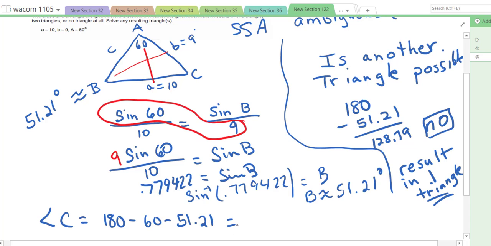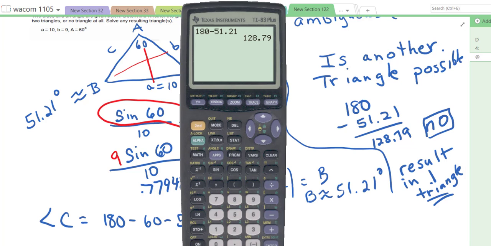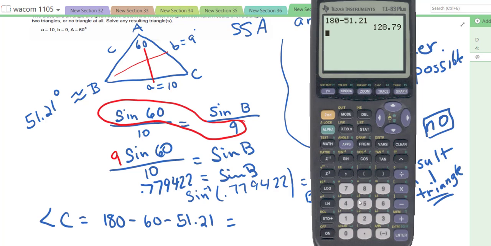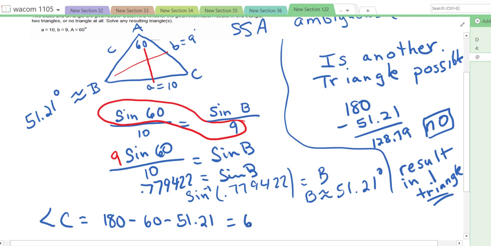And this will give you your other angle. 180 minus 60 minus 51.21. And that would give us 68.79 for angle C.